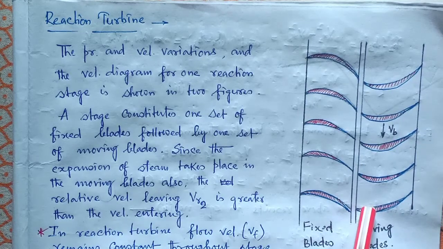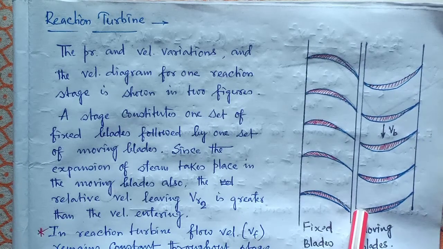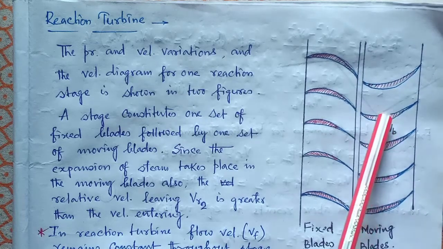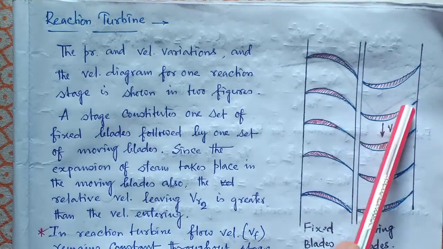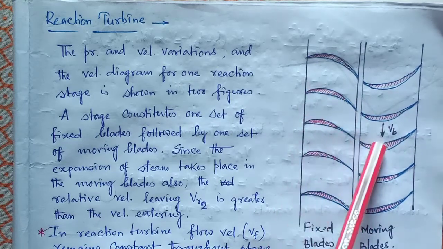So not only does the absolute velocity increase in the fixed blades, but the relative velocity also increases in the moving blades. That means at the outlet the relative velocity is always greater than at the inlet.